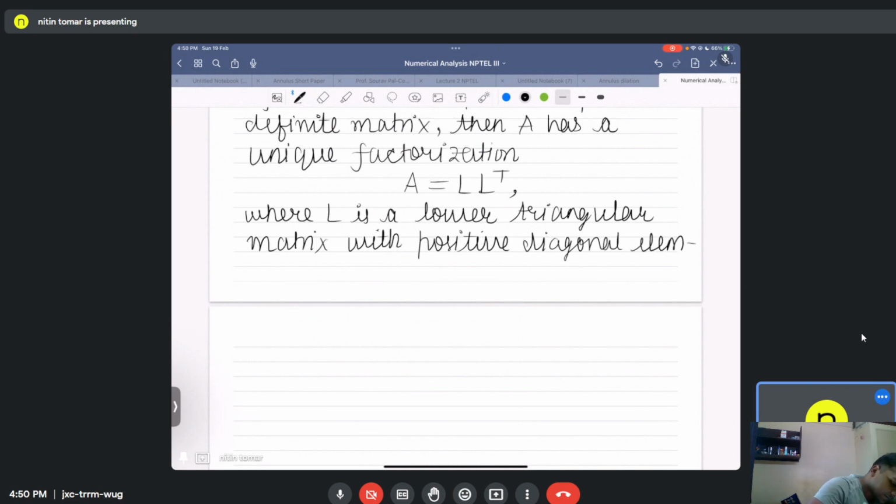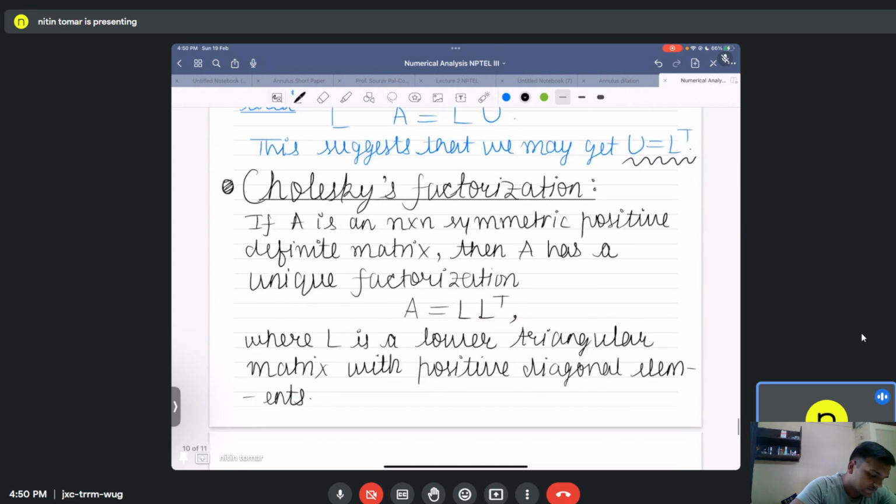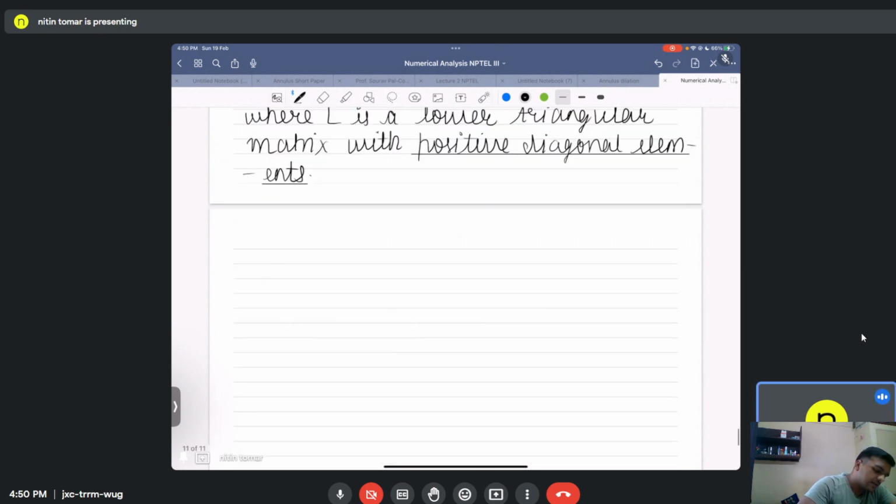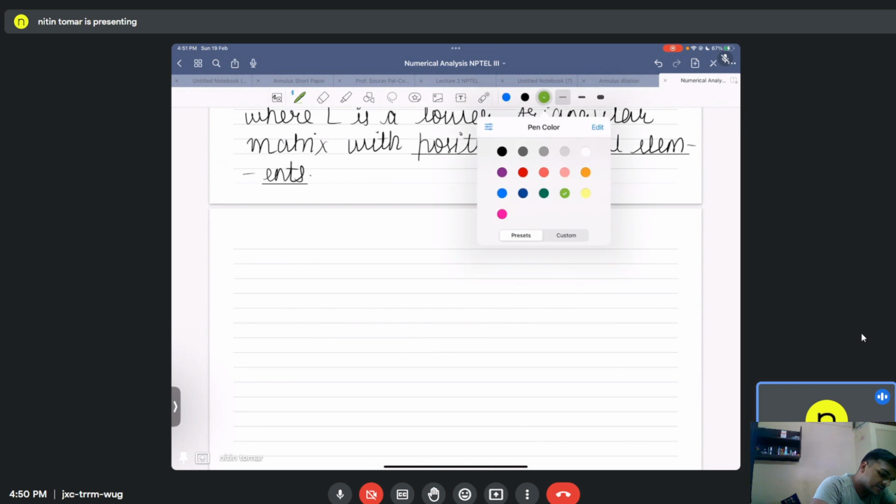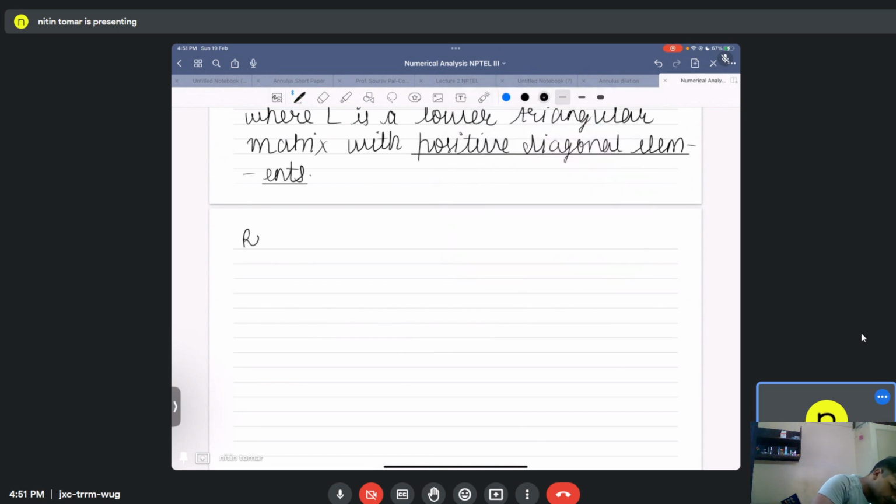Okay, we know why it should have positive diagonal elements, because A is positive definite, so positive eigenvalues. I'll write just one remark with this theorem.